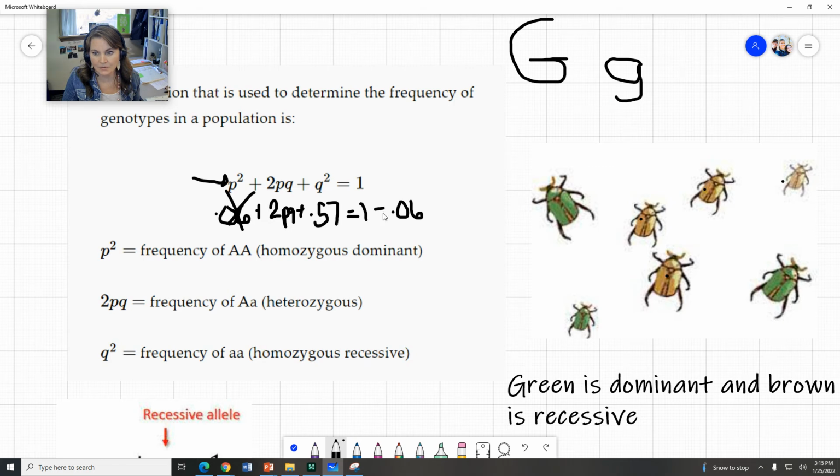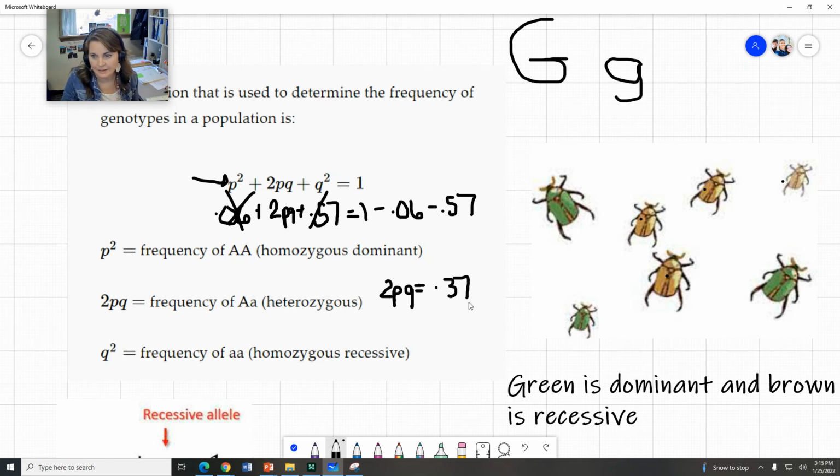And then I'm also going to subtract 0.57, because again, that gets rid of what's on the left side. So 1 minus 0.06 minus 0.57 gives me that 2pq is equal to 0.37.